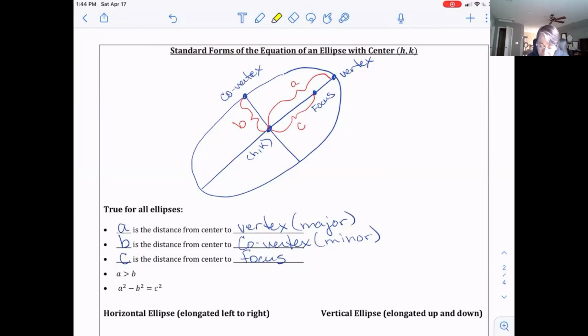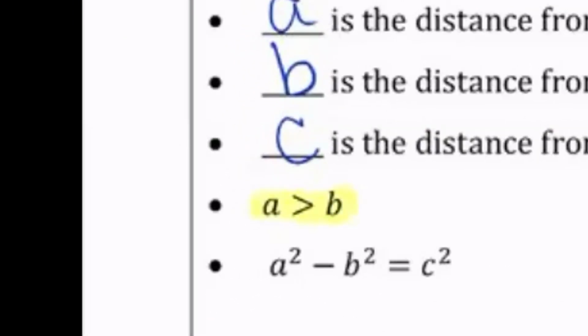Now, a couple of important things to note: our A value is always going to be larger than our B value because it's the distance on the major axis compared to the minor axis. And we also have a formula where A, B, and C are related, and it looks very similar to the Pythagorean theorem.